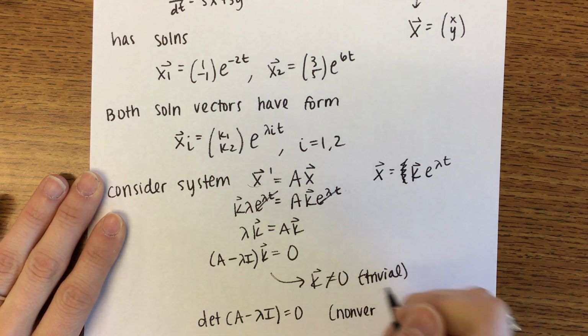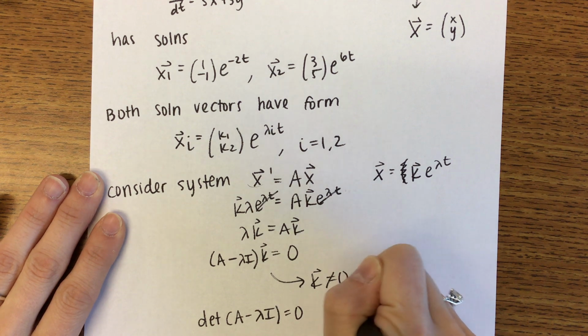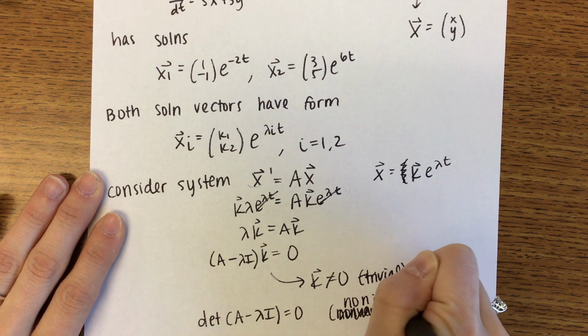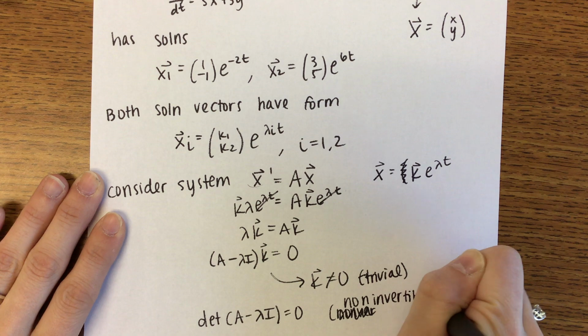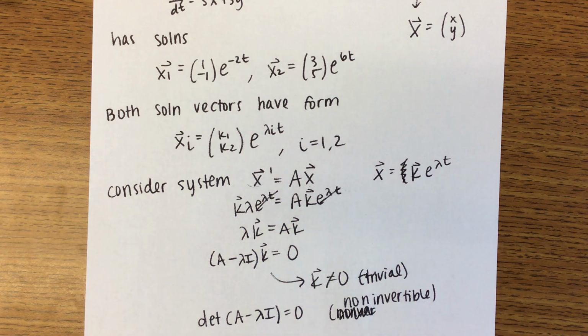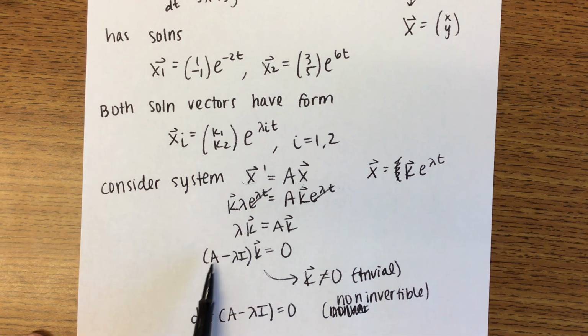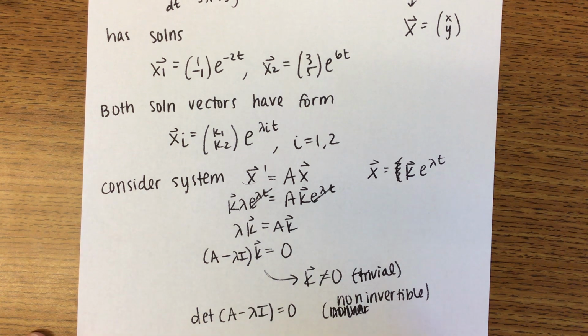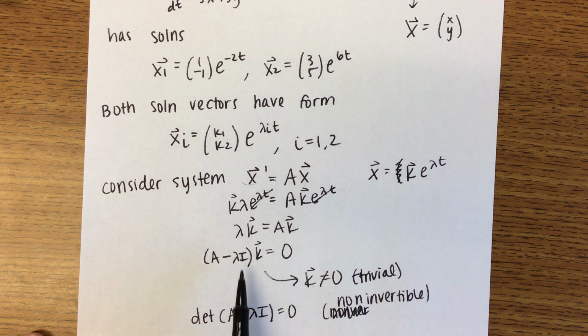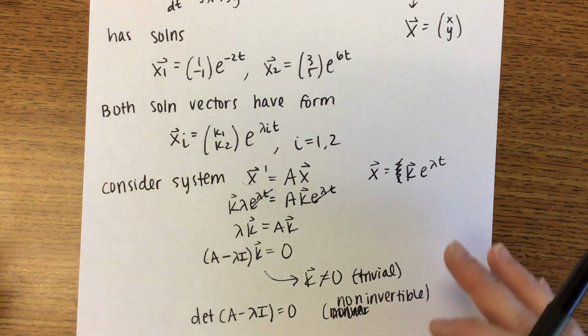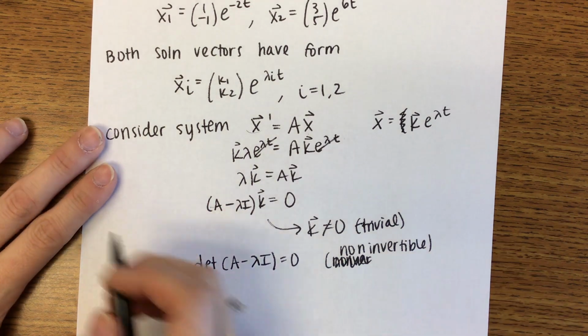So we want that matrix to be non-invertible. If it were invertible, you'd be able to multiply by the inverse, move it over to the other side, and you would get k equals 0. So if this matrix is not invertible, you won't get k equals 0. With me so far?